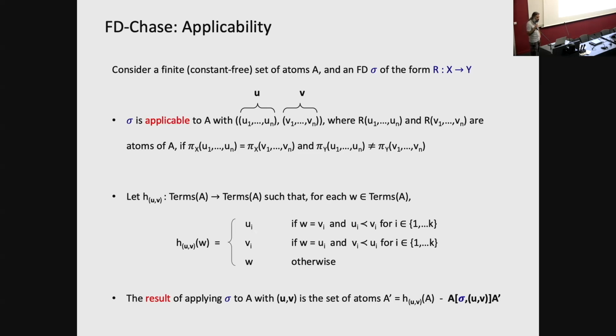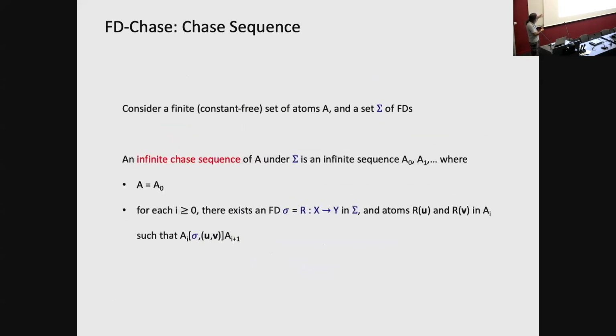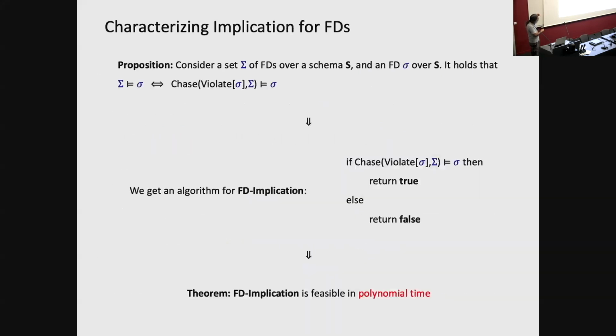But it can be done. In this draft of the book that I mentioned, you can nicely see how this case is treated, okay? But by getting rid of that, we don't lose the essence of the chase procedure. I mean, the key idea and the key properties are what we have seen, and the whole strategy for solving the implication problem via the chase is what we have seen here. So we don't lose anything by just getting rid of this case.